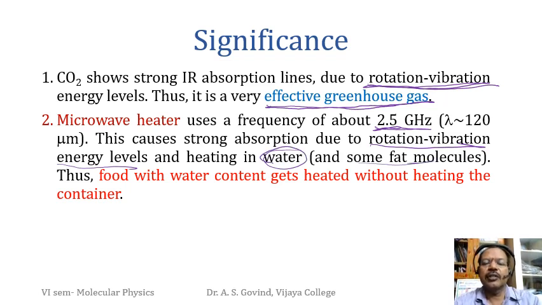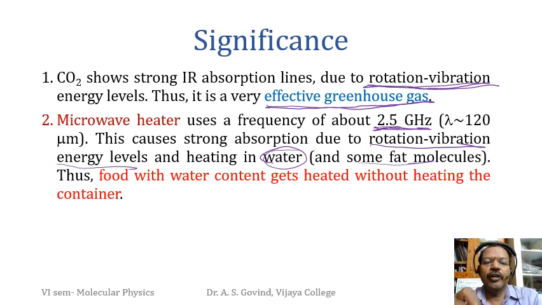And because this corresponds to energy levels of water, when you give this frequency, water molecules only will absorb. That is important, only water molecules, because for other molecules the energy levels do not coincide. So water molecules absorb the energy and only water molecules become hot because their rotation vibration energies are increased.